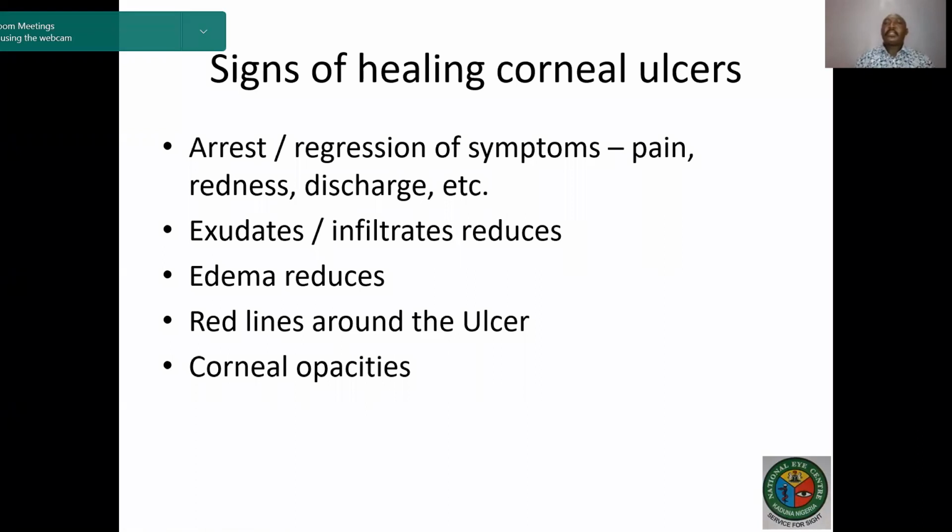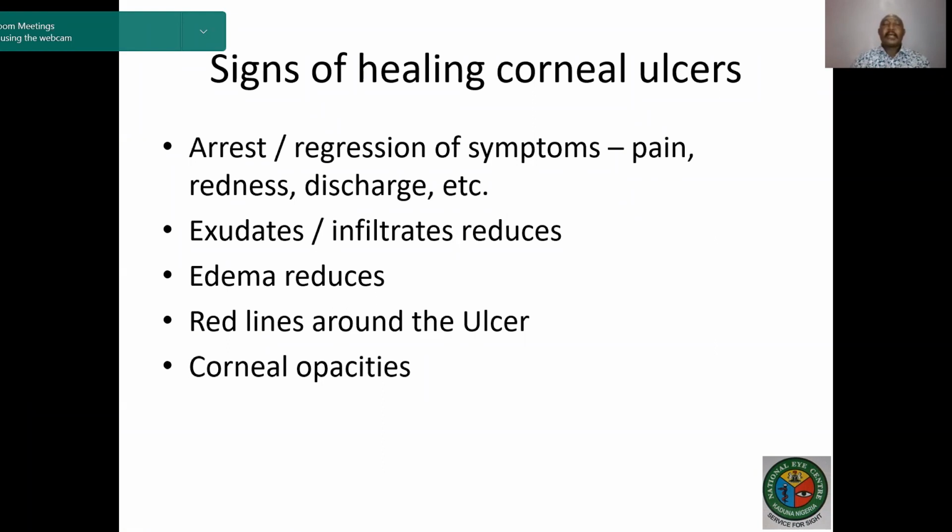Signs of healing ulcers, which we need to just reiterate quickly, is the fact that when ulcers begin to heal, we should see evidence of arrest and regression of the various symptoms: pain, redness, discharge, and the likes.